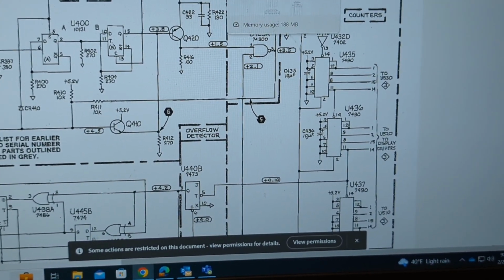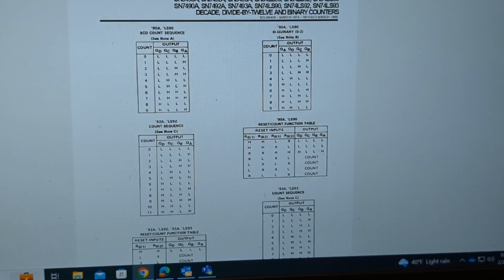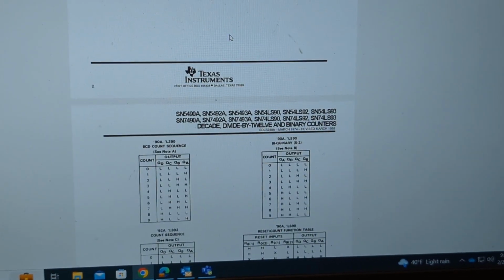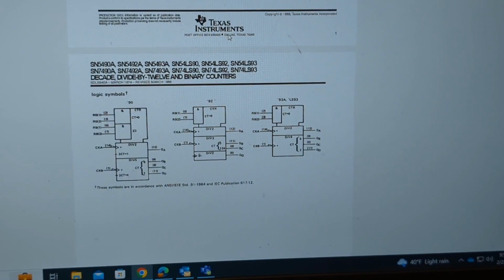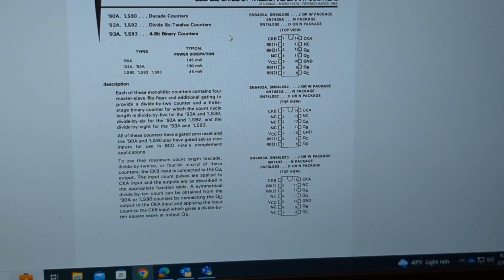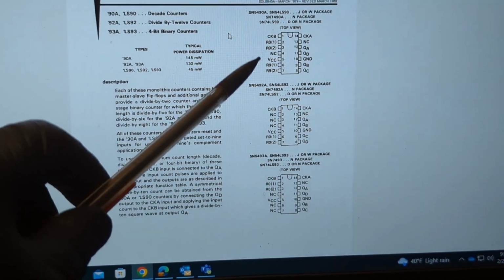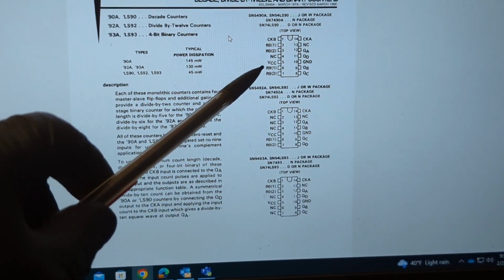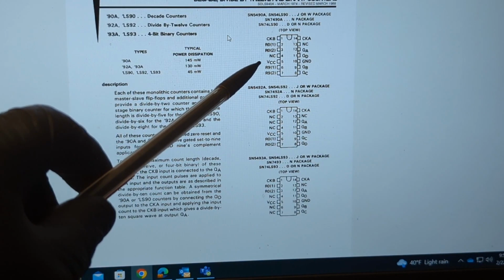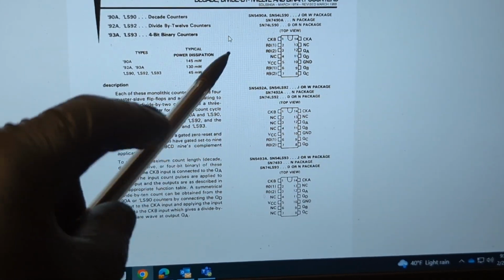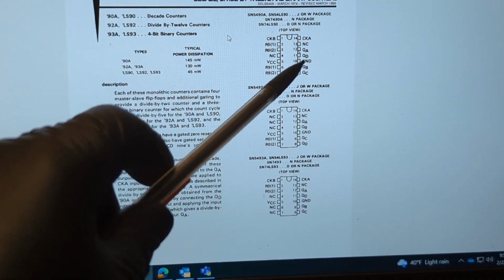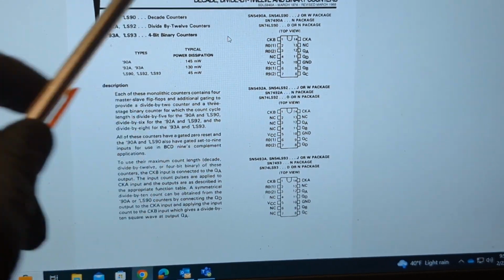Let's take a look at the data sheet real quick for the 7490. Here it is, and it also includes the 7492 and the 7493, but we're only interested in the 7490 up here. You can see these QA, QD, QB, and QC.